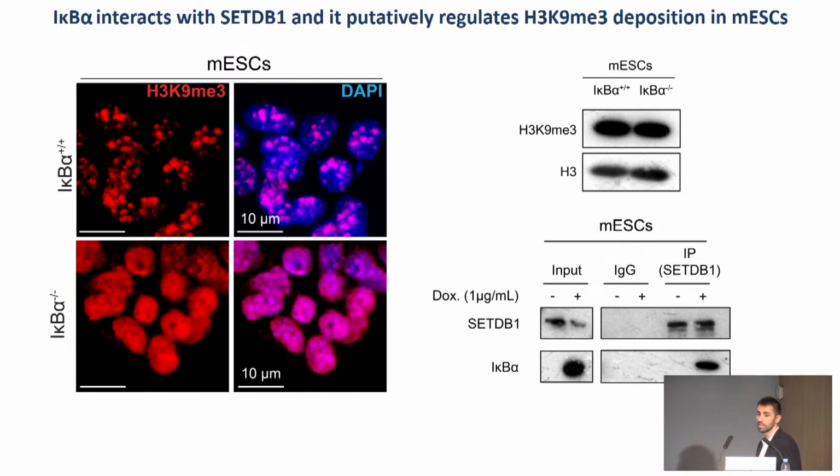For that, I took advantage of a mouse ESC line in a background knockout for IKBKB alpha. I introduced an overexpression cassette of IKBKB alpha regulated by doxycycline, and as you can see here, after expressing IKBKB alpha, it was able to interact directly with ZDB1. So this could explain that the effect on lysine 9 methylation deposition and also DNA methylation was a direct effect of IKBKB alpha.